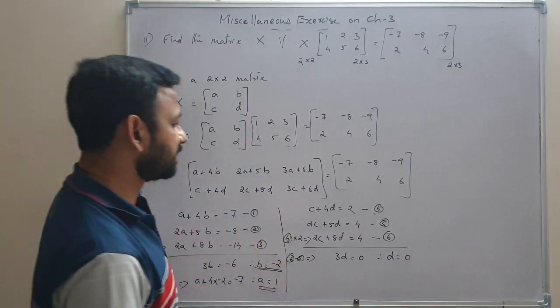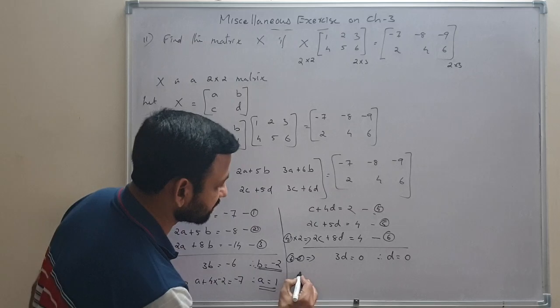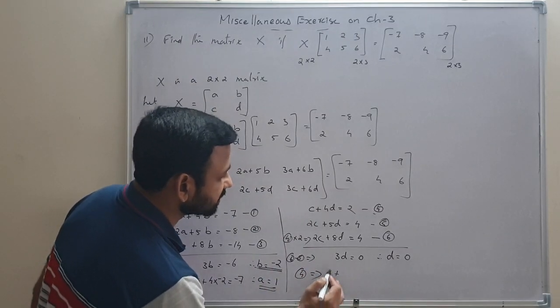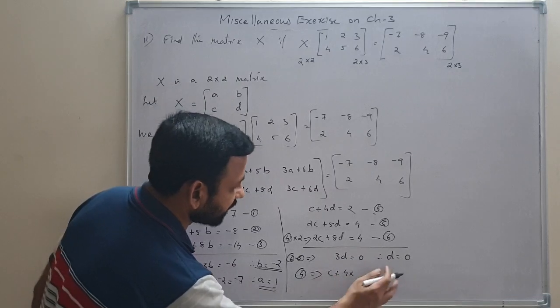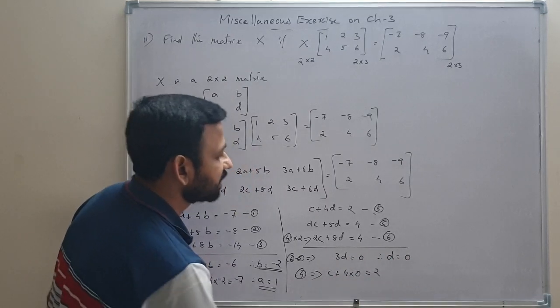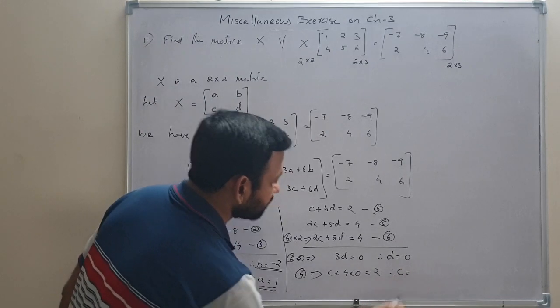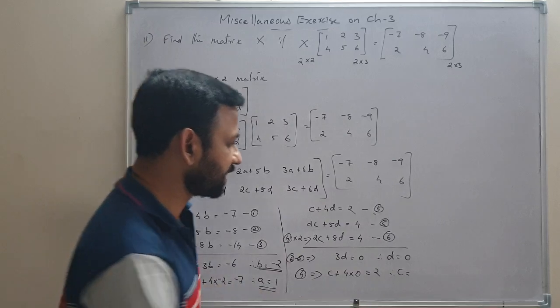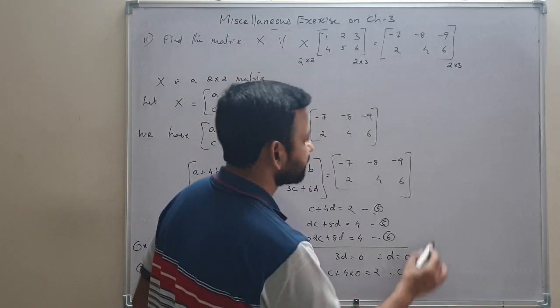Now we can find the value of C from the fourth equation. Equation 4 implies C plus 4 into 0 equal to 2. Therefore, C equal to 2.